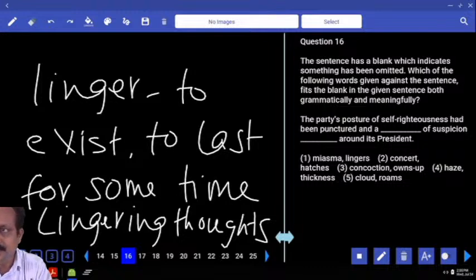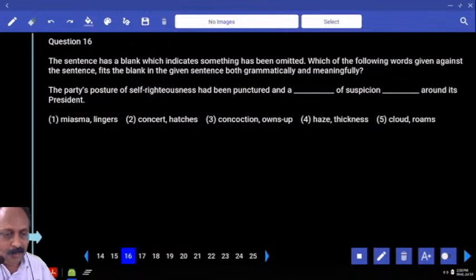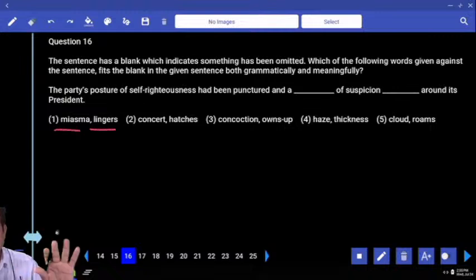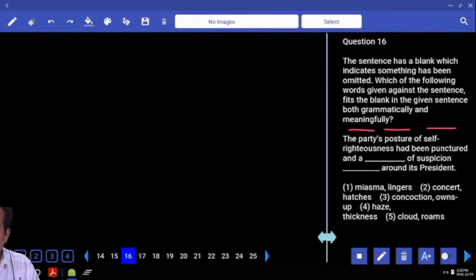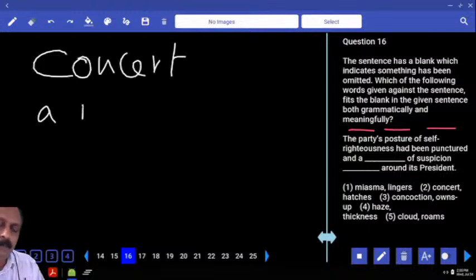Shall I go back to the question? Now, you know the meaning. Unpleasant fog that smells bad. Hold this one. Lingers, exists for some time. Hold that also. How many of you know the meaning of the word concert? No problem if you don't know. Also write the meaning of concert.